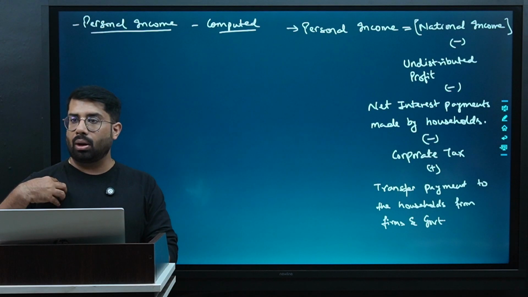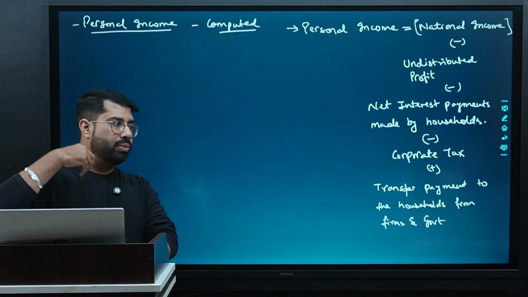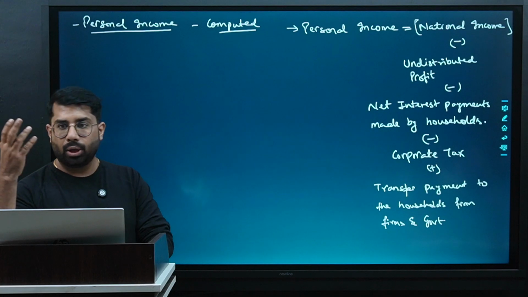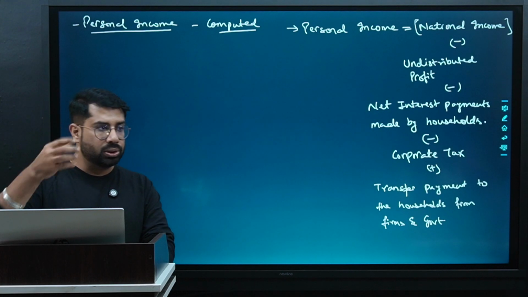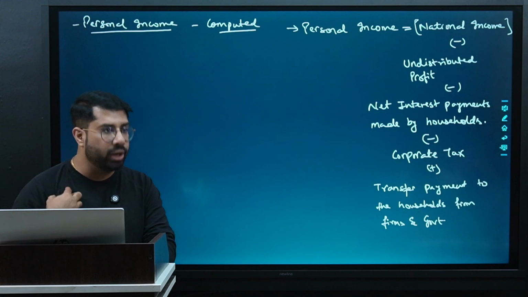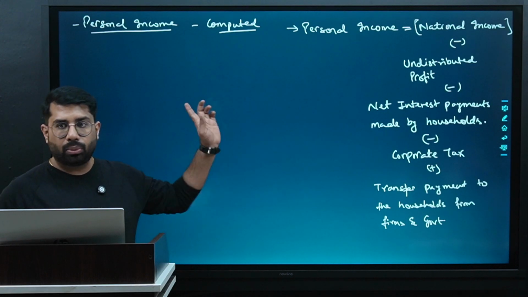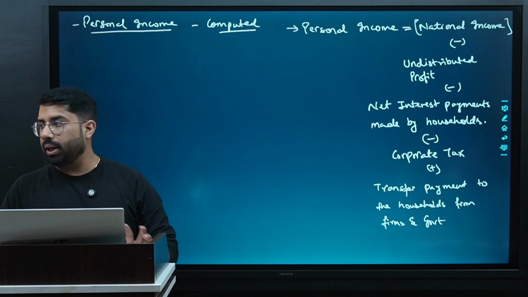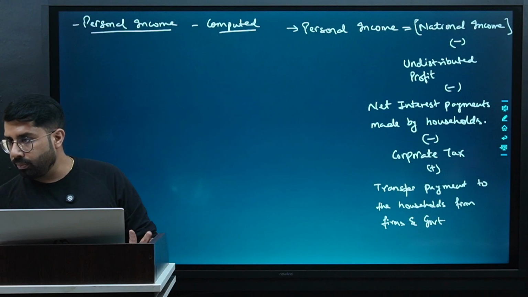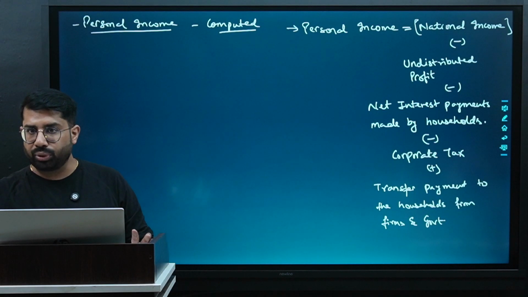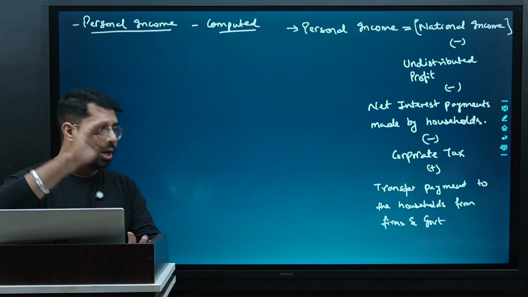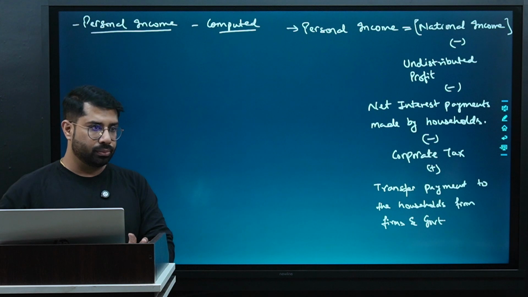It means if I earn 100 rupees and whatever type of interest payments I'm making to the government or any other person, that part of income I cannot use freely on my own. That is the reason that is also not a part of personal income. Personal income basically is an income which can be used freely by the households wherever, whenever they want.